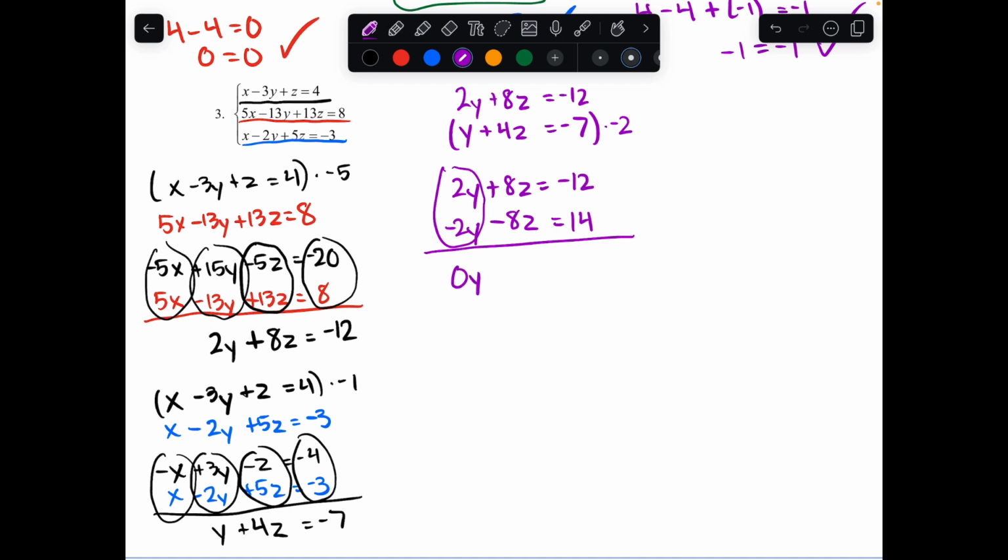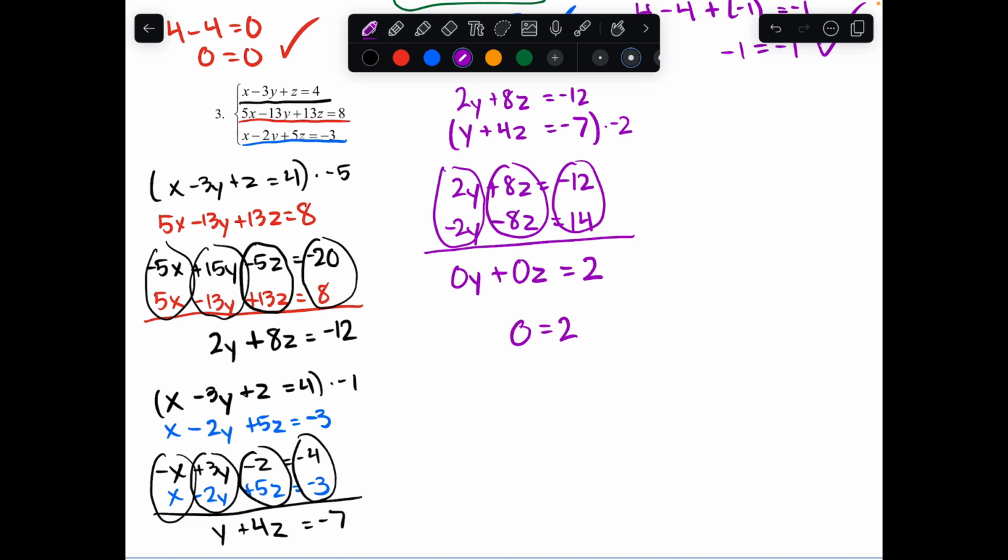And then we're going to have positive 8z minus 8z, so we're going to have 0z. And then we have negative 12 plus 14, so that's going to be equal to positive 2. 0 times y and 0 times z is just 0, so we end up with the statement 0 is equal to 2. Is this a true statement? No. 0 is not equal to 2, so something's wrong here.